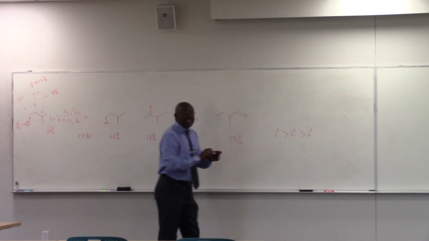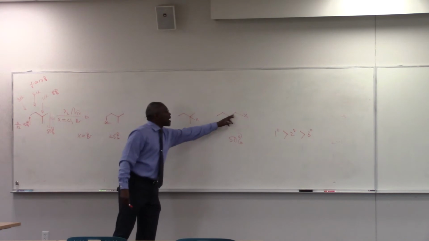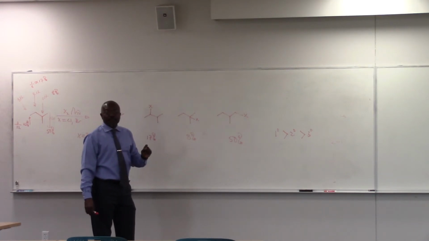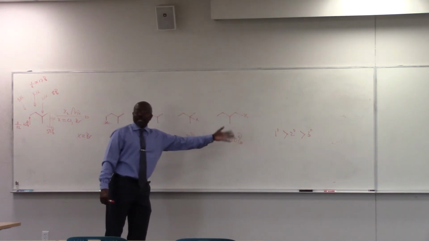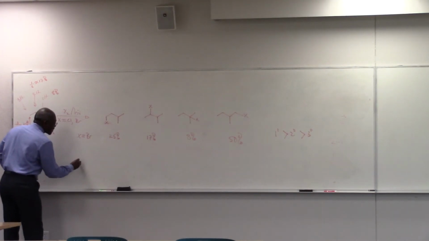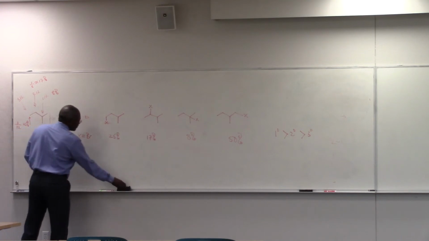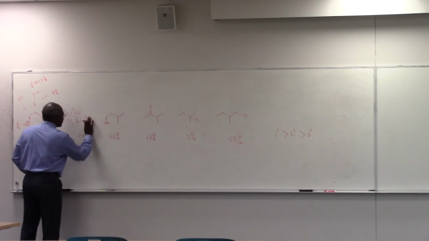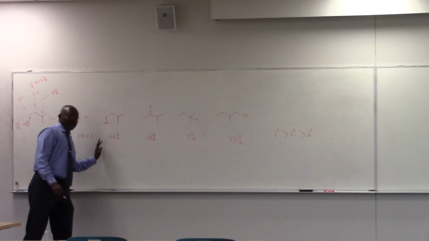So if your intent is to functionalize a primary position in the molecule, use this, because statistically it targets the more abundant primary H's. But when X, okay, this is for chlorine, not bromine. So all of that I just said is for chlorine.